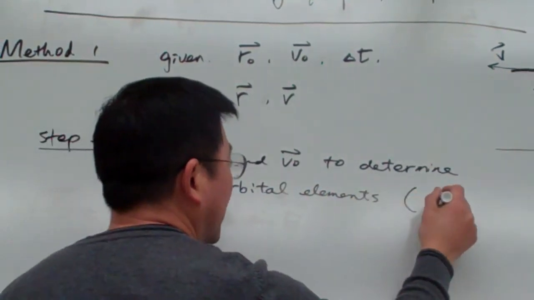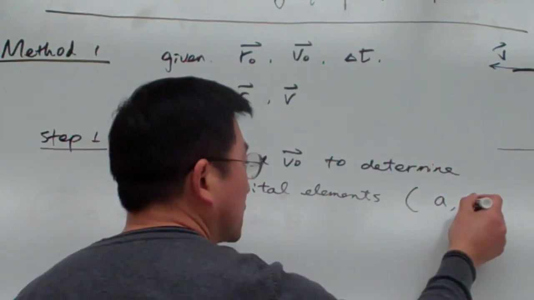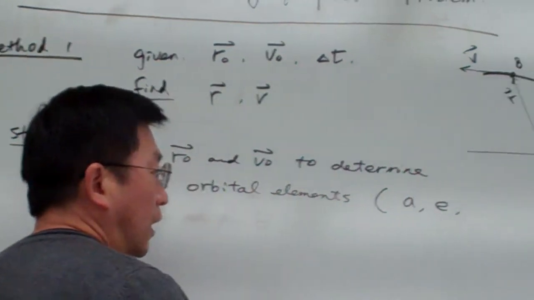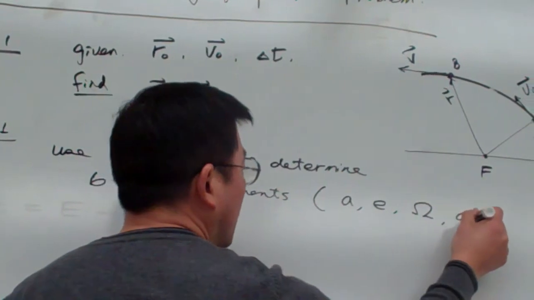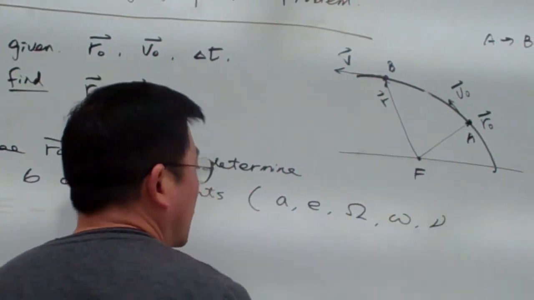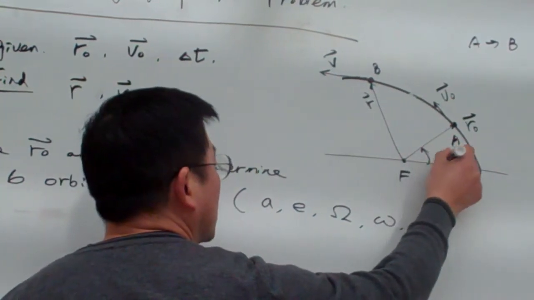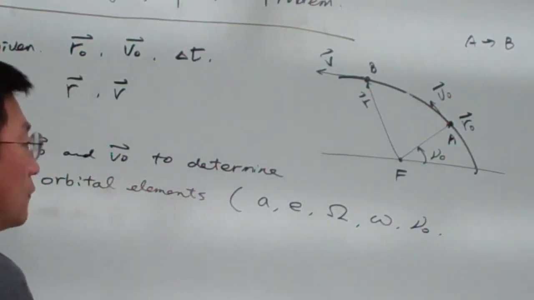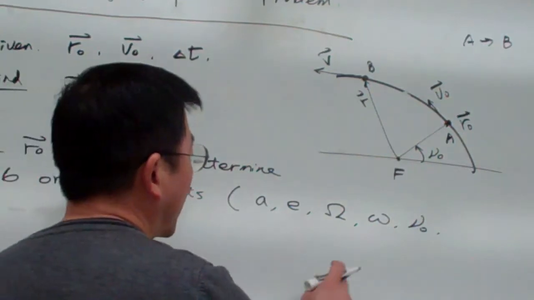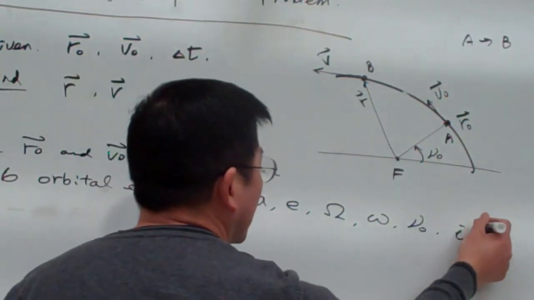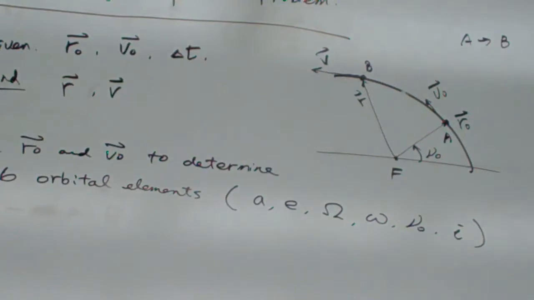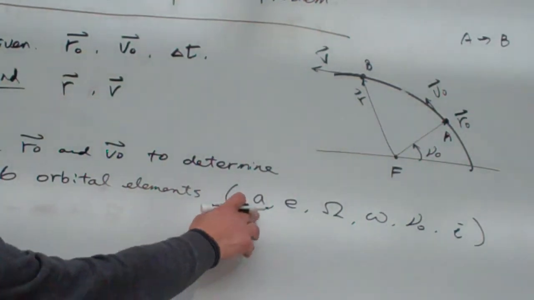In this case, at least you know A, E, and even omega, and the true anomaly corresponding to zero. Okay, 1, 2, 3, 4, 5, and we lack one, the inclination I.